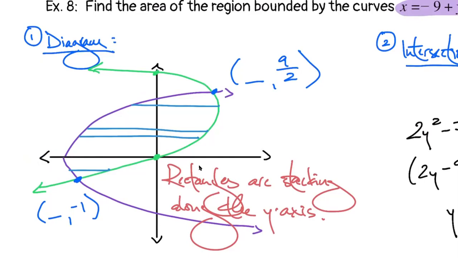we look at the rectangles that we drew, and we said, oh, let's find out the right and the left curve. So I want to ask you something. For this blue rectangle right here, which curve is on the right, the green one or the purple one? The green one. Yeah, the green one is on the right. Okay. What if I chose this one? Which curve is on the right?